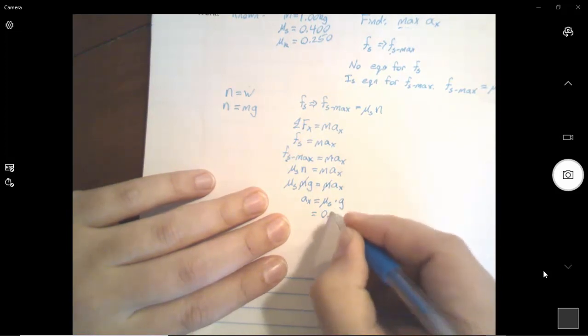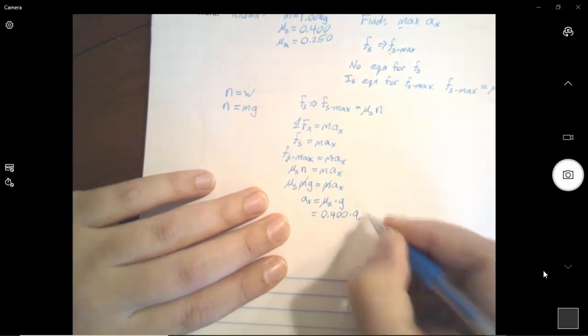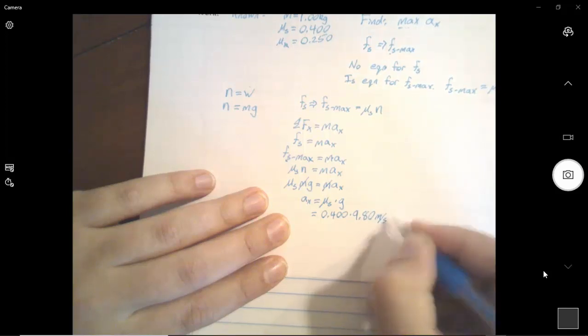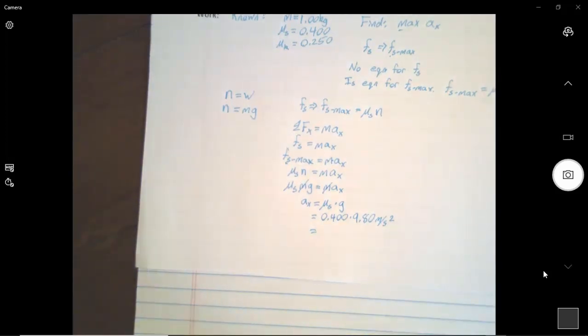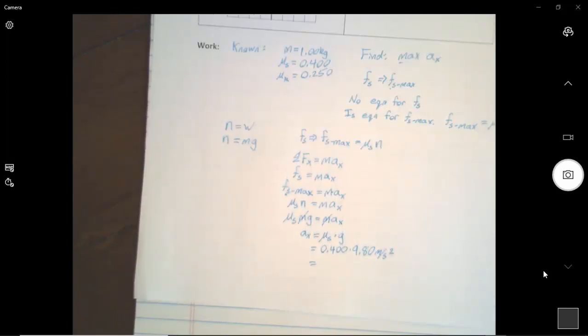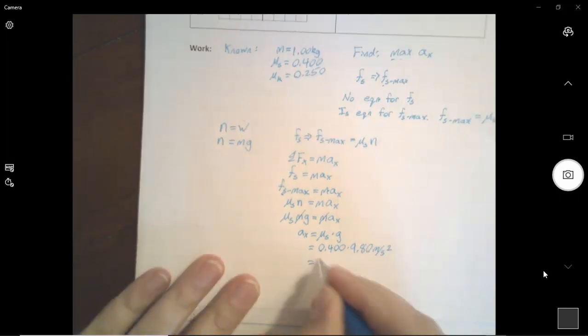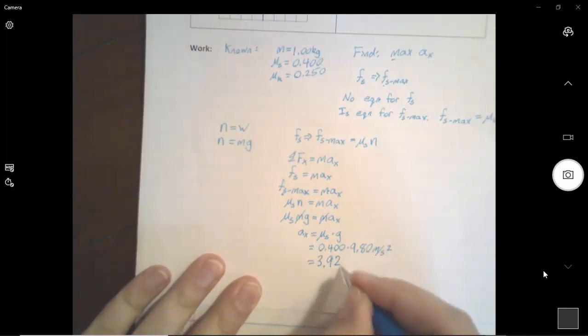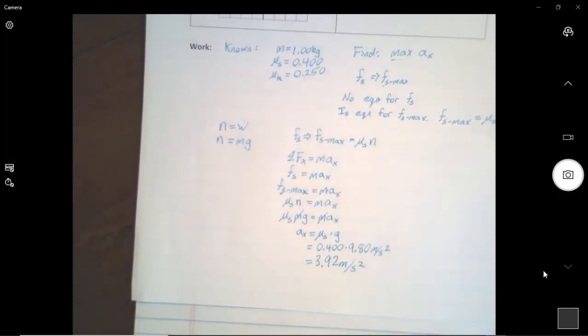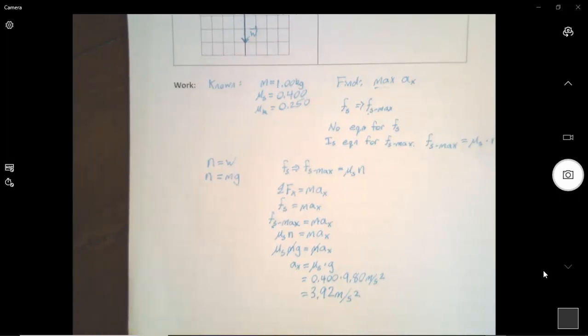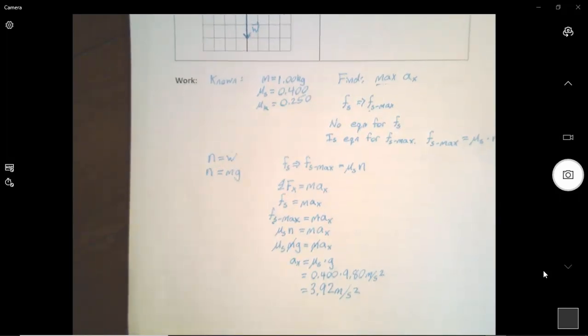It's 0.400 times 9.80 meters per second squared, which is equal to 3.92 meters per second squared. So that is the fastest that you could accelerate the bottle before the bottle begins to slide off the back.